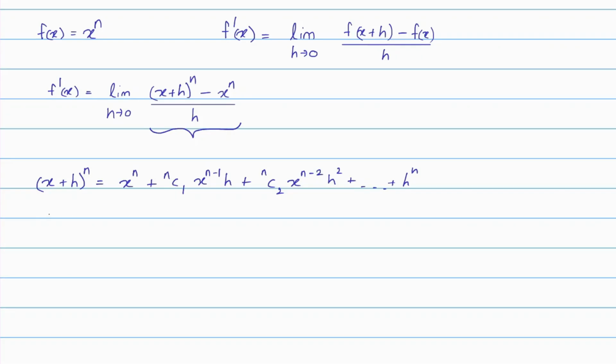And next, if we subtract x to the power n from this, we get nC1 x^(n minus 1) h plus nC2 x^(n minus 2) h squared until h to the power n.